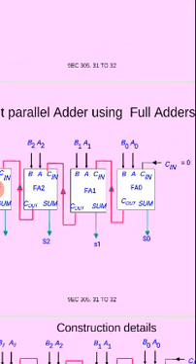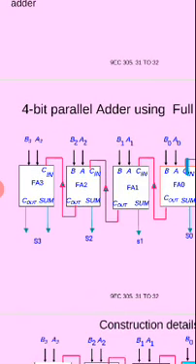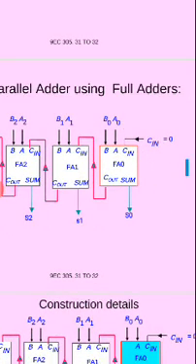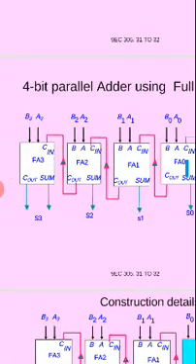C out of F0 is given to the C in of F1, and C out of F1 is given to the C in of F2, and C out of F2 is given to C in of F3. And S0, S1, S2, S3 are shown.